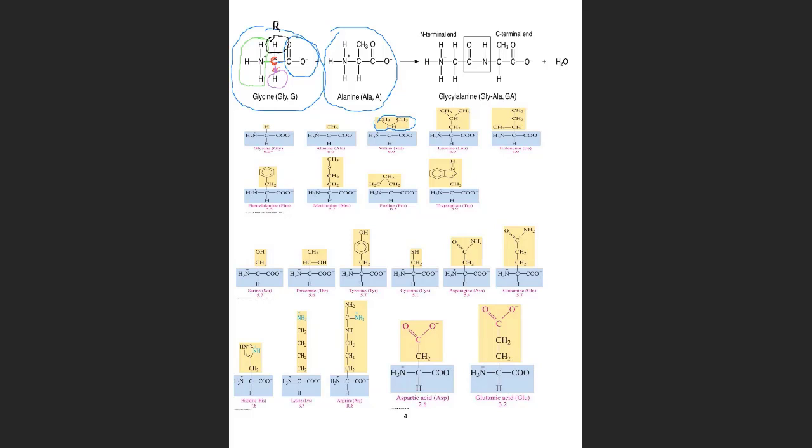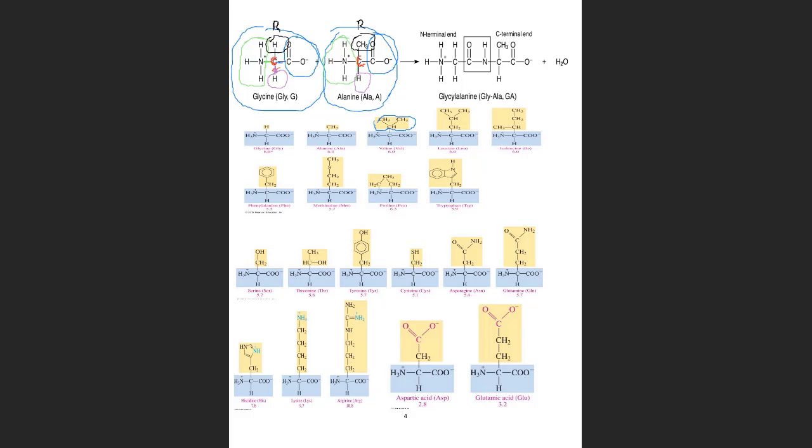Again, we have the alpha carbon that is bound to the same ammonium group and the carboxylate group, and is also bound to hydrogen and the R group. In this case, the R group is a CH3. So this is the main structure of an amino acid.